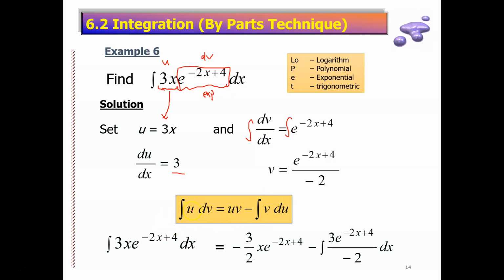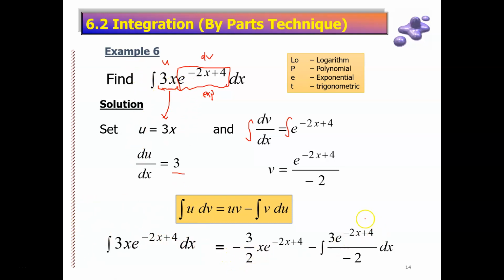Again, we rewrite this formula, integration of u dv. Previously your u equals 3x, and the rest will become your dv. We just write back this formula from above.